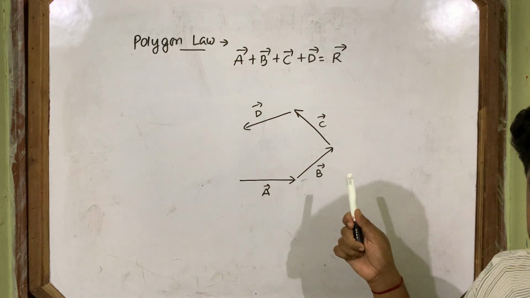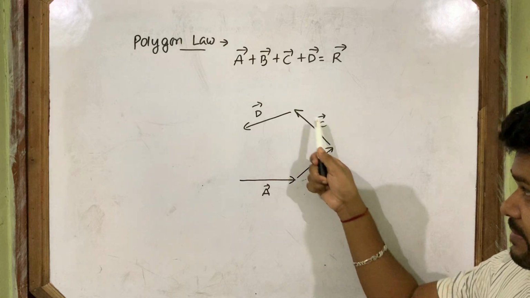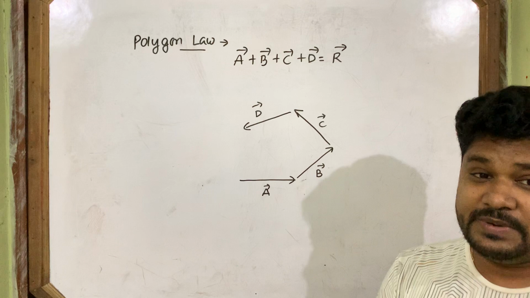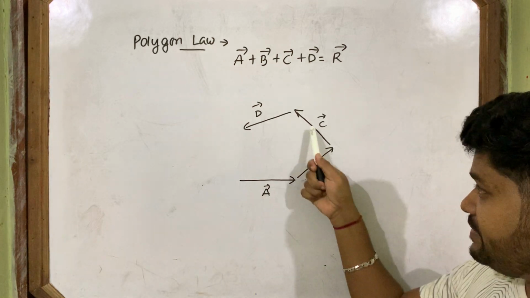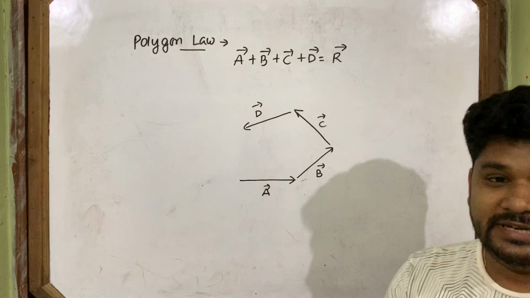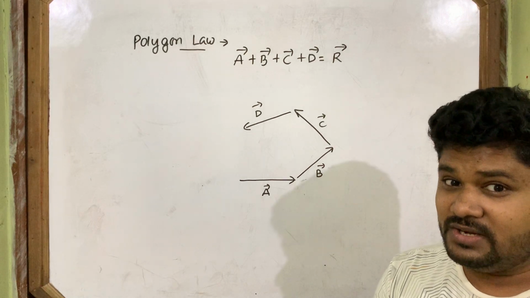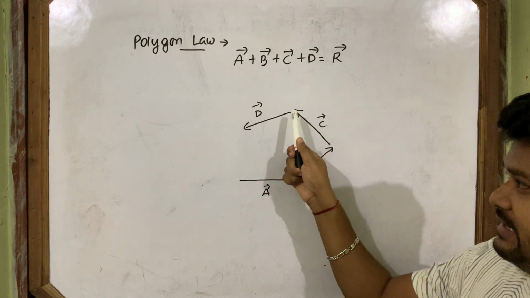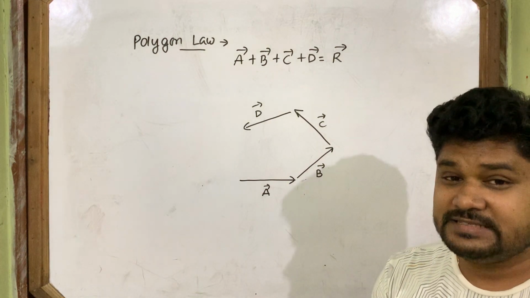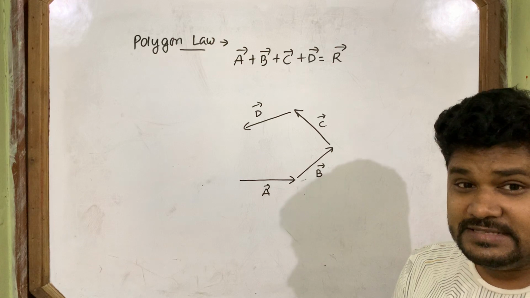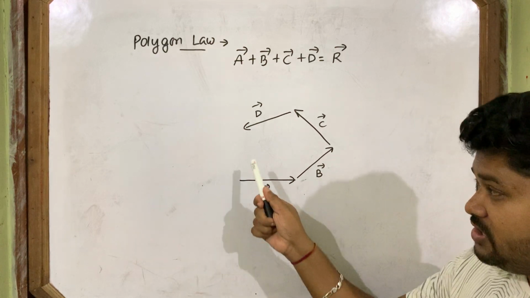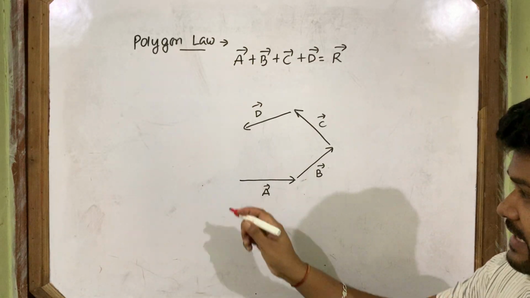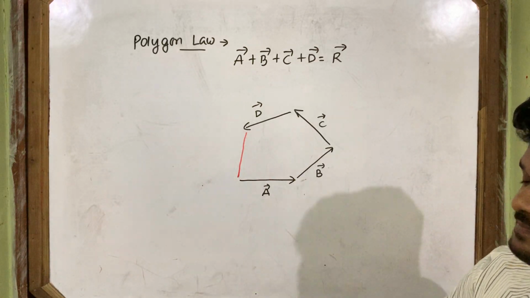And again I am repeating the statement. If a number of vectors are presented by the sides of a polygon taken in the same order, tail, head, tail, head, tail, head, tail, head, all in the same order, then the resultant is the closing side of the polygon taken in the opposite order.